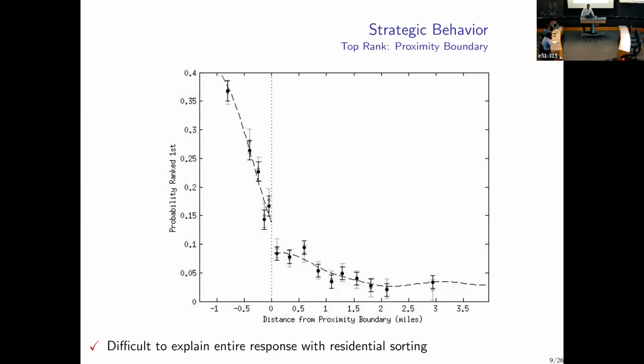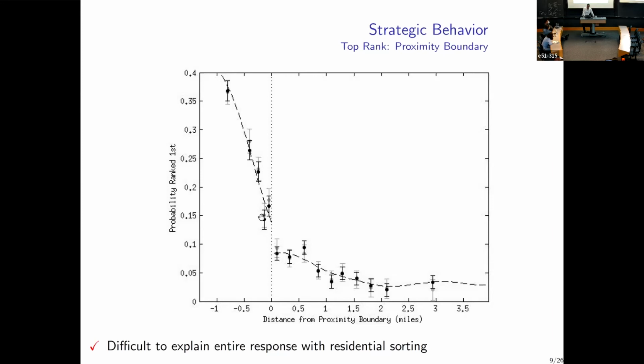And we're going to ask whether one of the schools that was ranked first was a school that you had... sorry, an observation here is a school and an individual, and we're going to ask whether that individual ranked that school first. Okay, and what you see is that at the boundary there is a discontinuity jump.